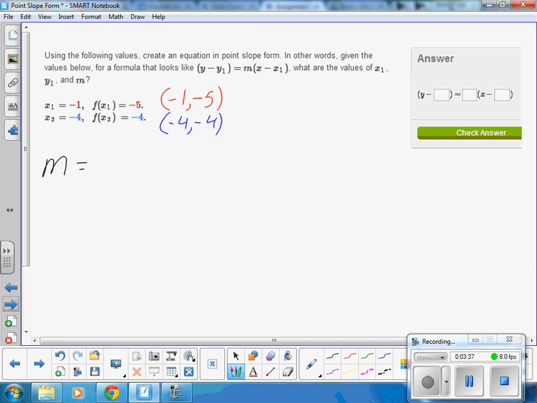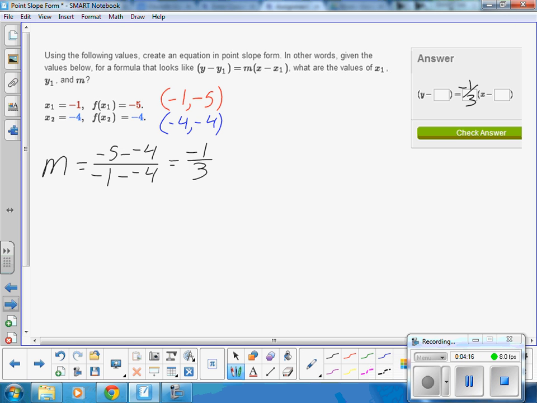Remember, it's y minus y, so that's a negative 5 minus a negative 4 over x minus x, a negative 1 minus a negative 4. That is equal to a negative 1 over 3. Negative 5 minus a negative 4 is a negative 5 plus 4, which is a negative 1. And a negative 1 minus a negative 4 is a negative 1 plus 4, which is 3. So we get a negative 1/3 for our slope.